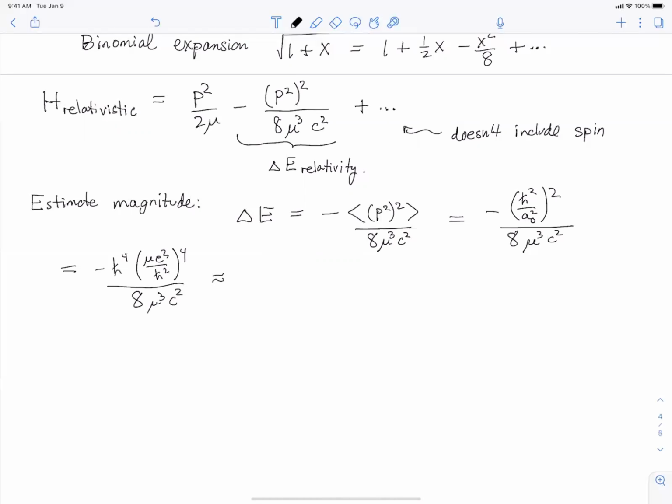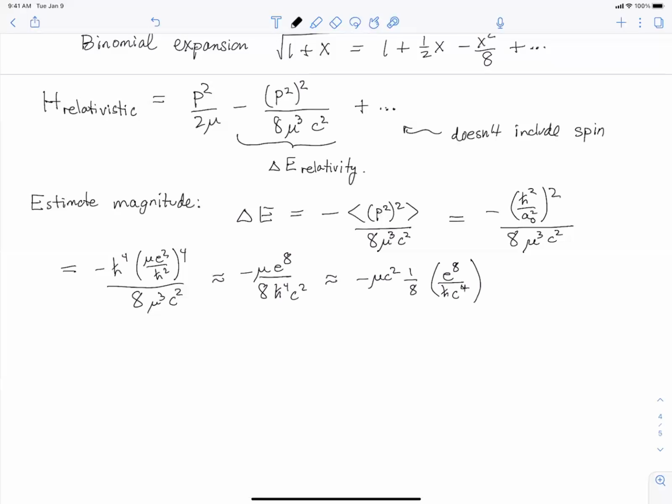And when we do the canceling of mu's, this is minus mu e to the 8 over 8 h bar fourth c squared, which we can write as minus mu c squared, 1 over 8 e to the 8 over h bar fourth c to the fourth.